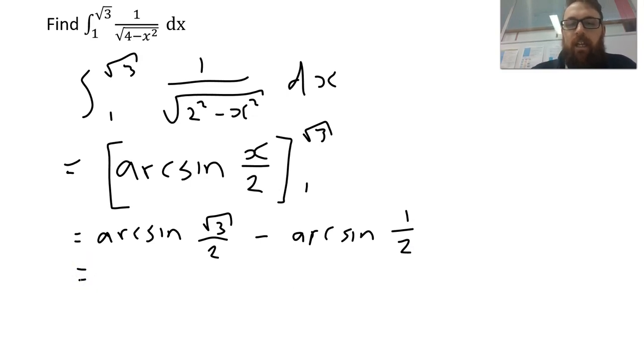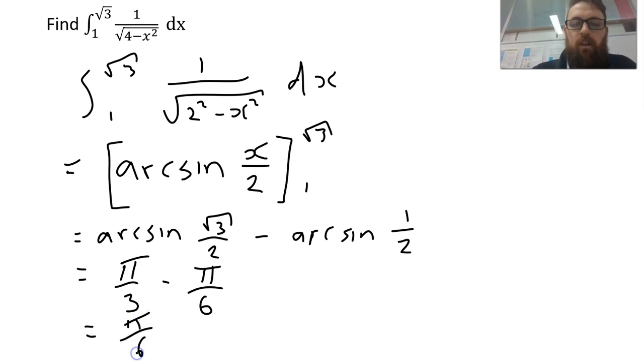And if we put this into our calculator or use our unit circle, we know this is equal to pi over 3, subtract pi over 6, which equals pi over 6. Okay, so the formula might have been a little bit tricky to differentiate, but once we get into this form, it should be relatively okay for us to use that one. Okay, thank you.